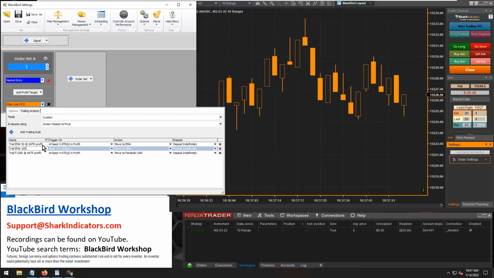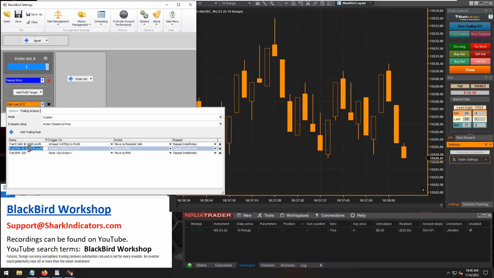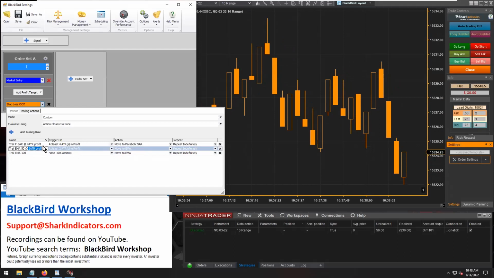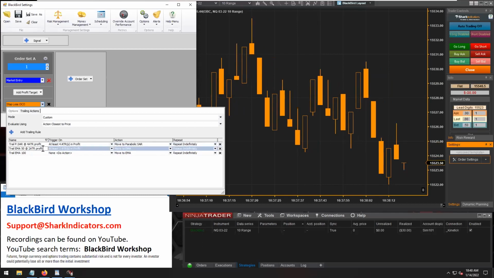Then once your trade has achieved 2 ATRs of profit, BlackBird has a decision to make. It now has two trailing rules that it can follow. BlackBird needs to decide: is it going to trail the EMA 100 or is it going to trail the EMA 50?